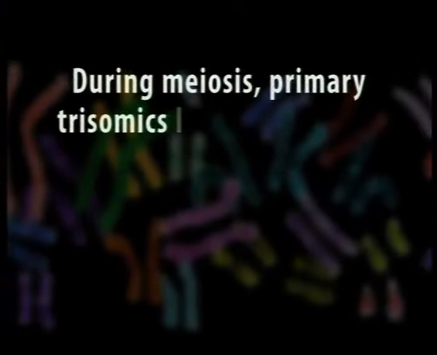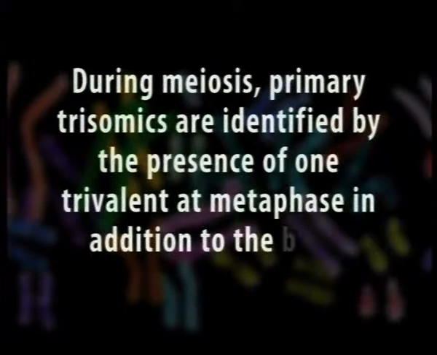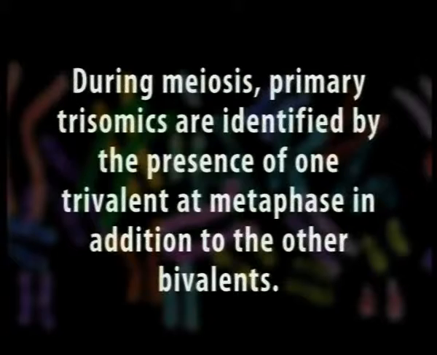During meiosis, a trivalent is found at metaphase stage in diploid individuals with trisomy, and primary trisomic individuals produce n and n plus 1 types of gametes, and fertilization between such gametes will result in trisomic, normal as well as tetrasomic types of individuals.